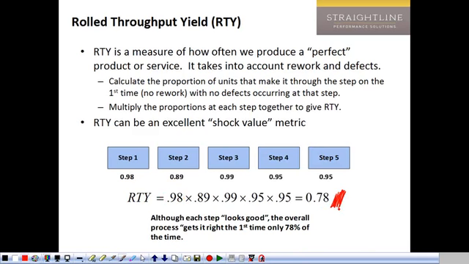Let me tell you that some processes I looked at, one in particular at a healthcare insurer, we looked at the provider data load. So loading data from providers, from the docs, from the physicians, into the system. Their rolled throughput yield actually was 0.